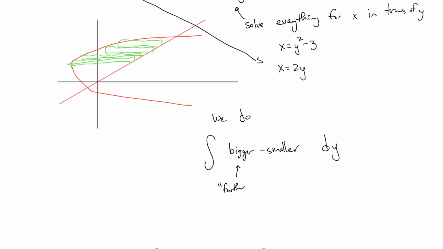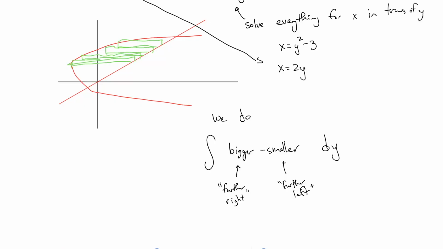But since I'm doing it sideways in terms of y, bigger means further to the right, and smaller means further to the left, because to the right is where the positive values are, and to the left is negative values. So bigger means further right, and smaller means further left.